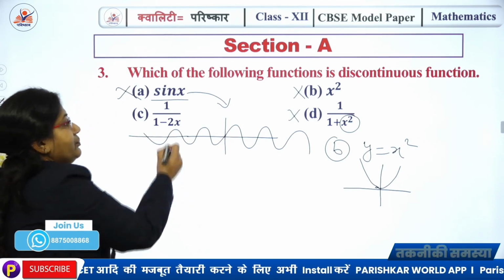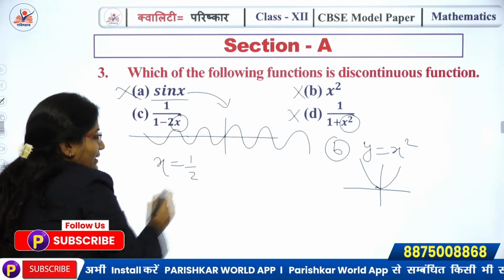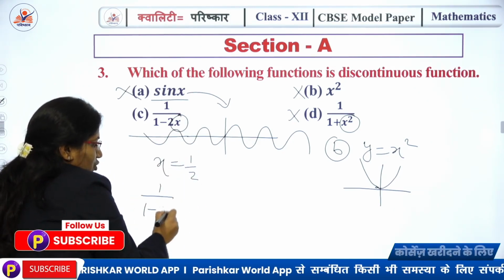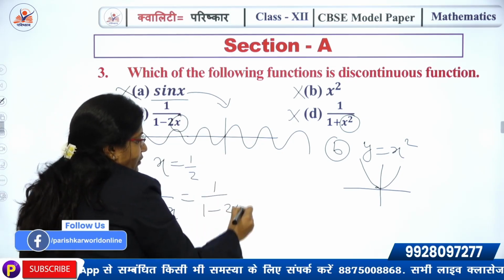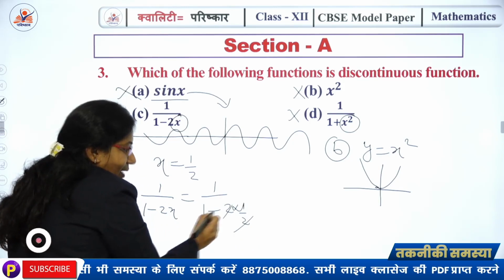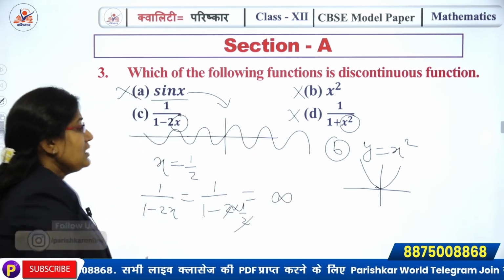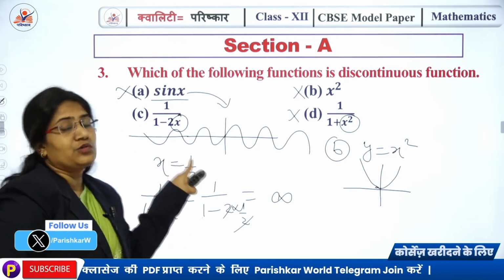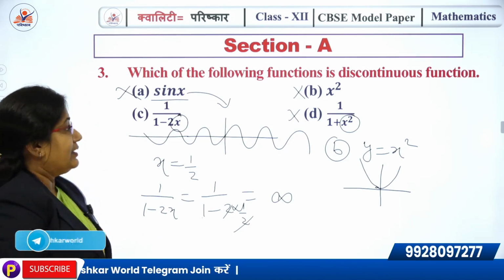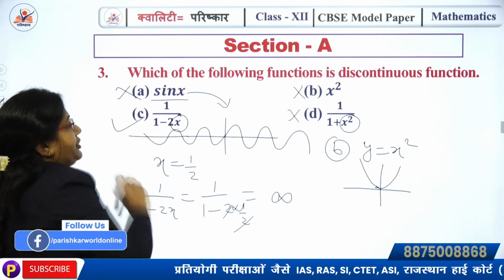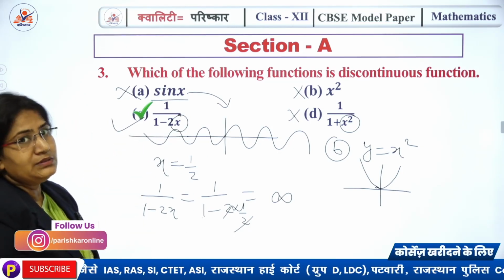Students, whenever we put x equal to 1 by 2, 1 upon 1 minus 2x is equal to 1 upon 1 minus 2 dot 1 upon 2. That means 1 minus 1, which gives infinity. That means at x equal to 1 by 2, this function shows discontinuity. It means this function is discontinuous. The right option is option C.